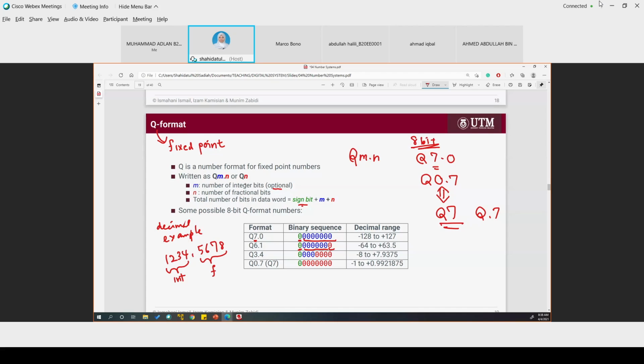But in binary, we're going to need another bit at the leftmost for the sign bit. Here the blue part is the integer part, and the red part is the fraction. This is a decimal example, so this is a decimal point, your radix point. The binary point is just an imaginary point.